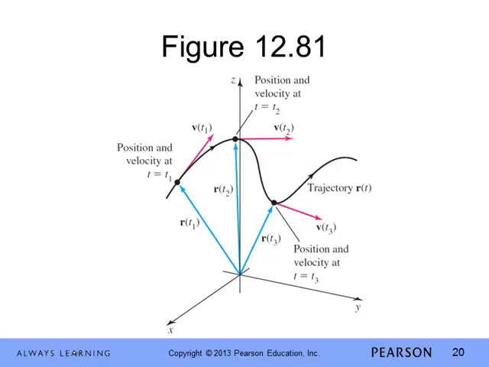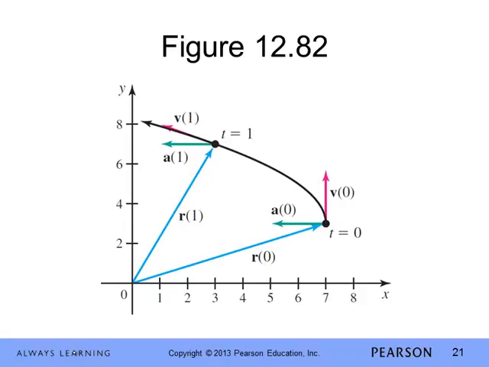What do you suppose acceleration is? Well, it's the derivative of the velocity function, right? Or in other words, it's r double prime, the second derivative of the position function. Okay?